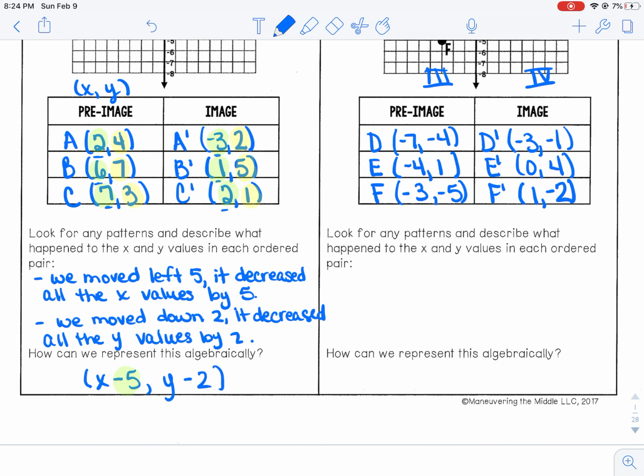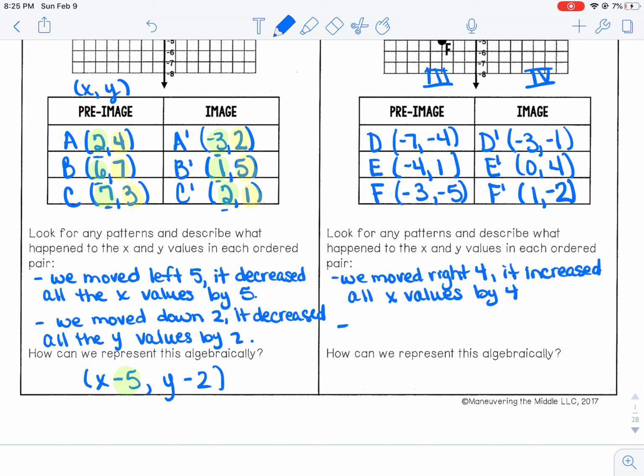Let's go ahead and look for any patterns to describe what happened to the x and y values in these ordered pairs. And if you're picking up on the pattern from the previous one, looks like what we did here is we moved right 4, it increased, or we added to all of the x values by 4.